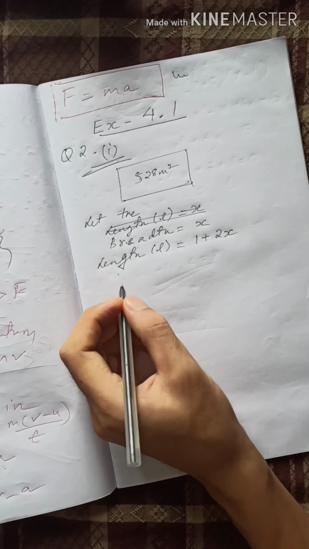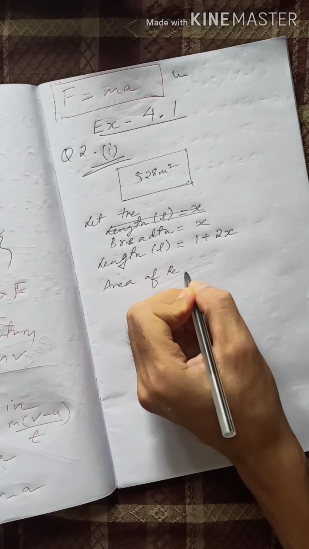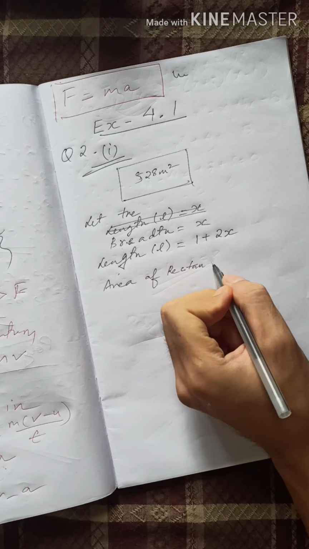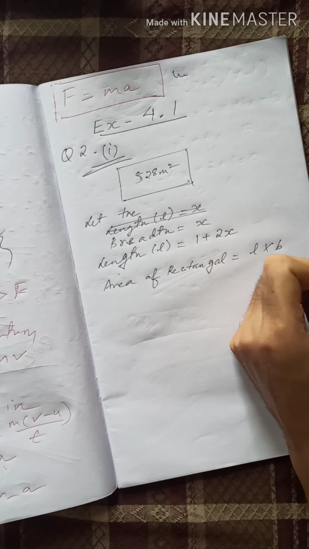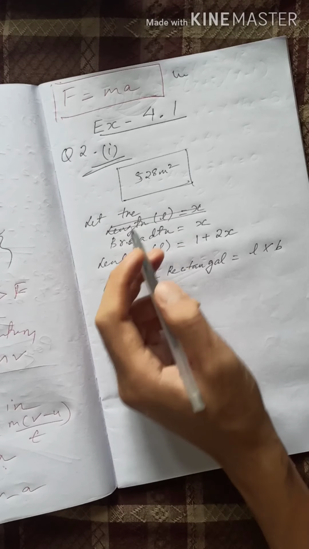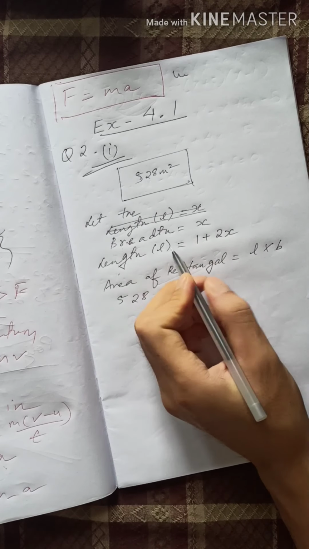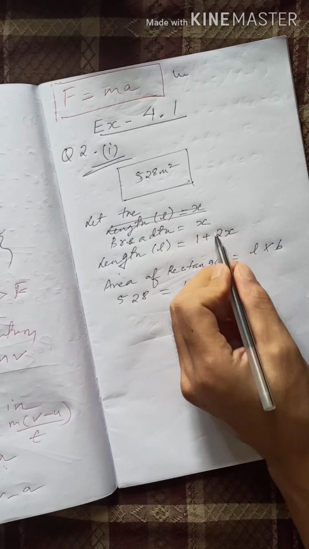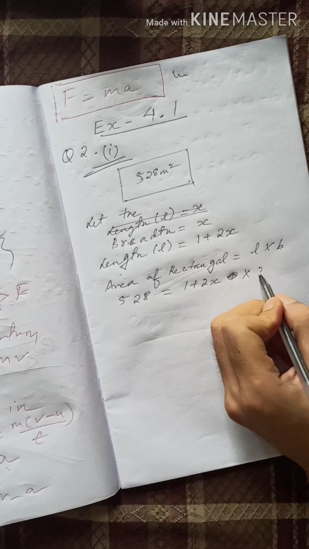So area of rectangle is length into breadth, right? So area of rectangle is already given. 528 equals length is how much? 1 plus 2x, into breadth is x.